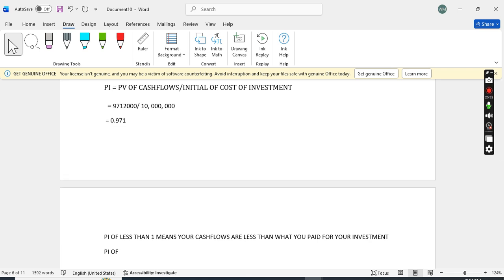A PI of more than 1 means your cash flows, what you earn from your investment, are more than what you paid for the investment. Is that okay, madam? Yes, sir.